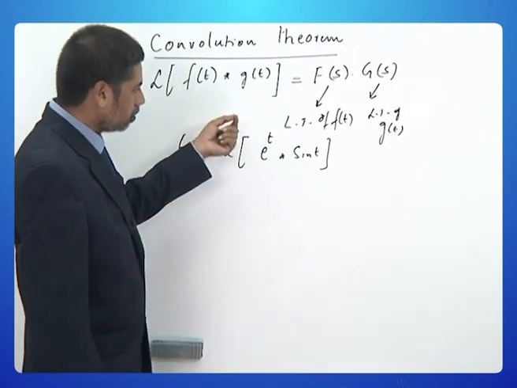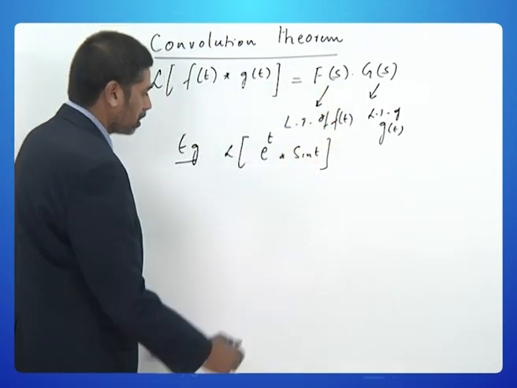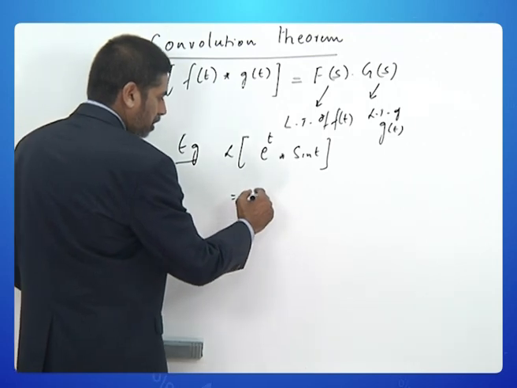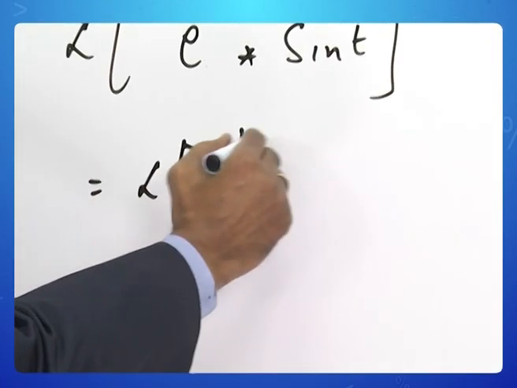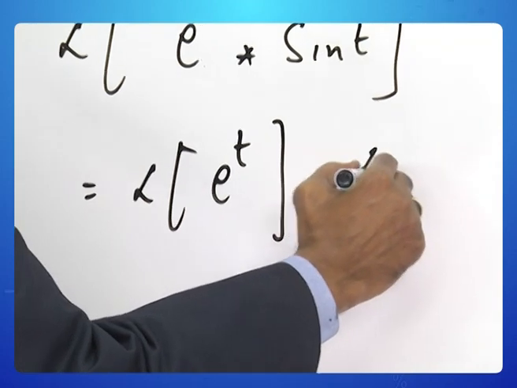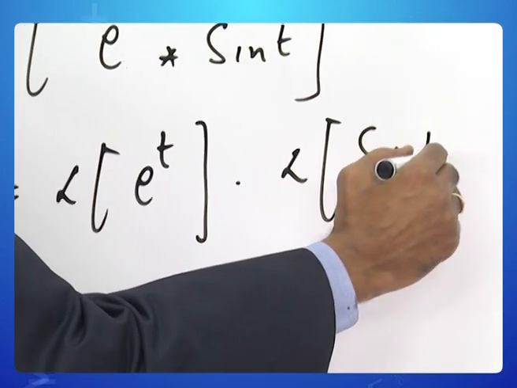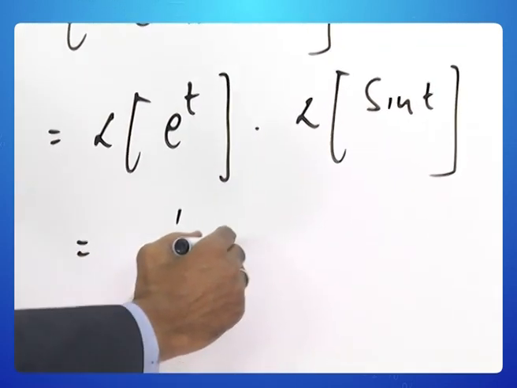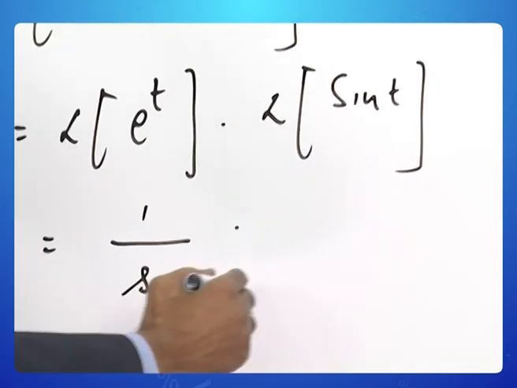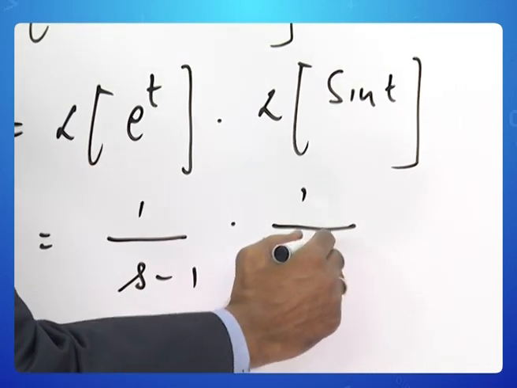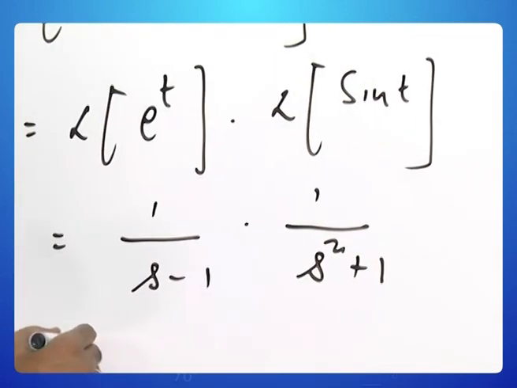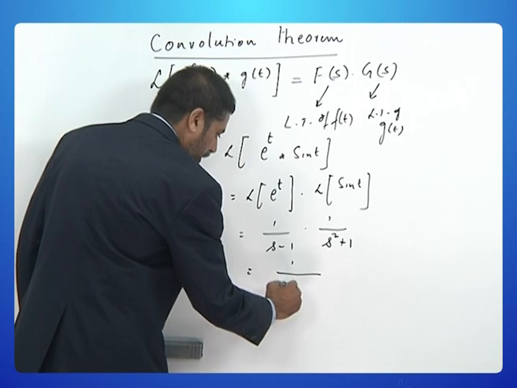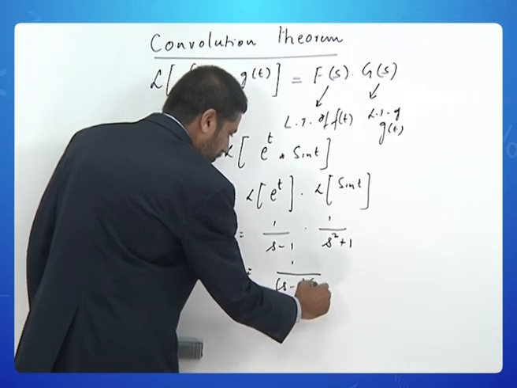So if you follow this definition, then this is nothing but the Laplace transform of e power t multiplied by the Laplace transform of sin t. So this is 1 by s minus 1 into 1 by s square plus 1. So the output is 1 by (s minus 1) into (s square plus 1).